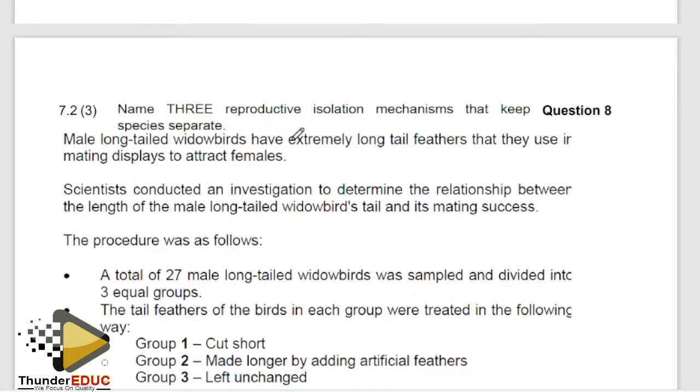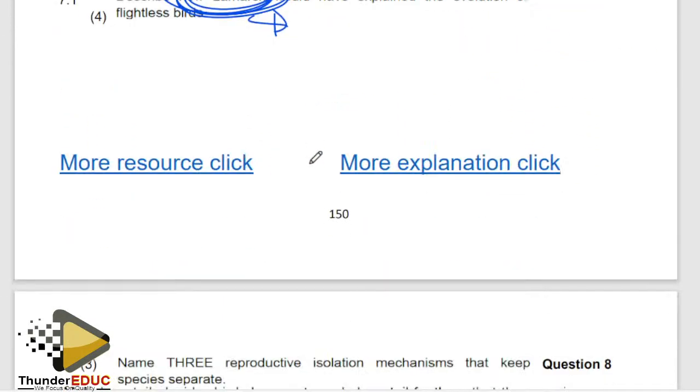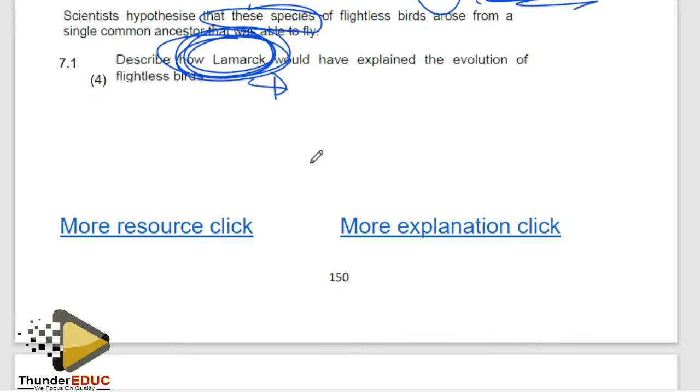Describe how Lamarck could explain how the elephants came up with the long trunks. Let me just use this example this girl is asking me. I hope I can design a small question.